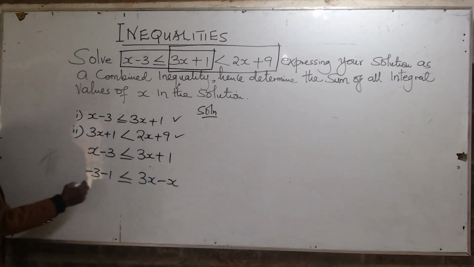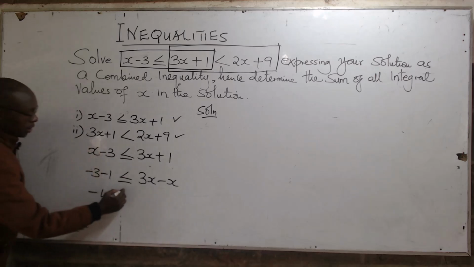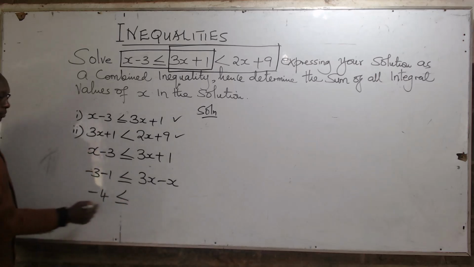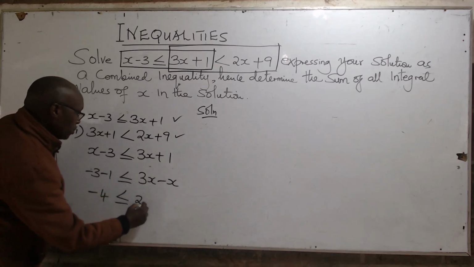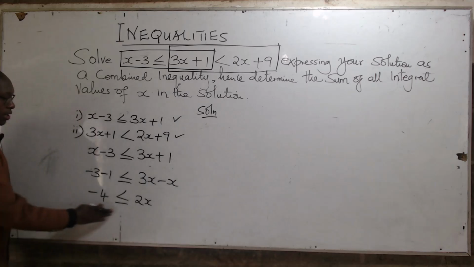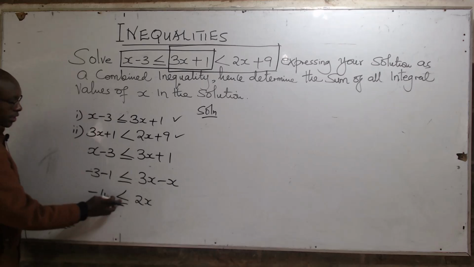So this gives negative 3 minus 1, which is negative 4, less than or equal to 3x minus x, that will be 2x. So therefore you have negative 4 is less than or equal to 2x.